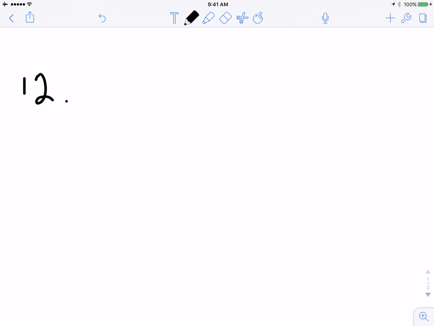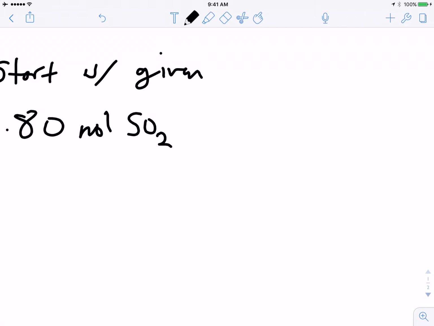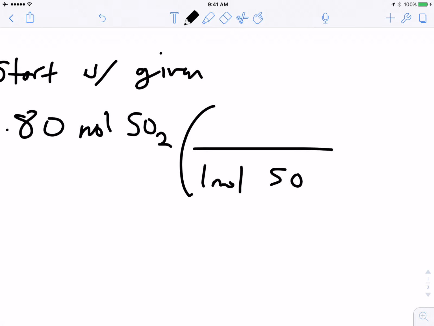So a little bit of stoichiometry. When we come to stoichiometry, we always want to start with what's given. Always. So we're given 1.80 moles of SO2. And 1 mole of SO2, notice the units on the bottom are always the same as what's on the top, is 6.02 times 10 to the 23rd molecules.